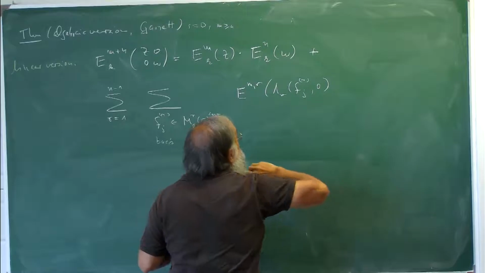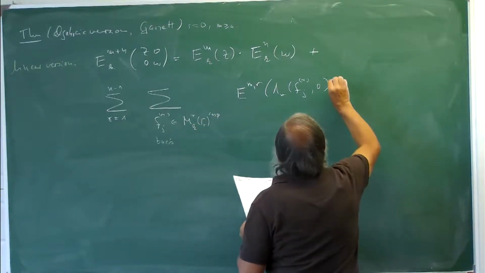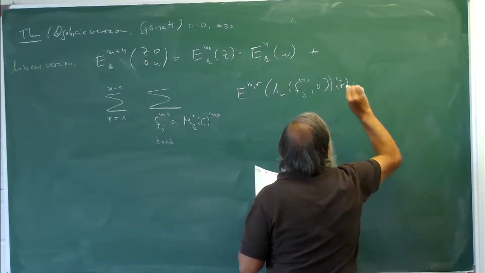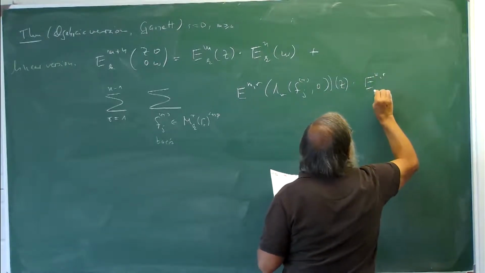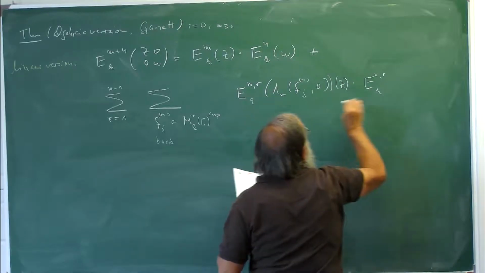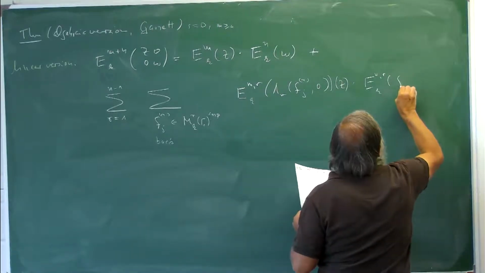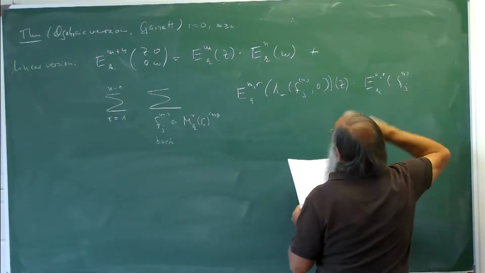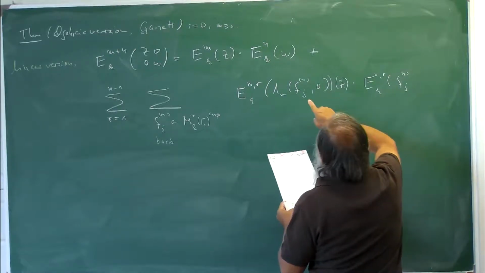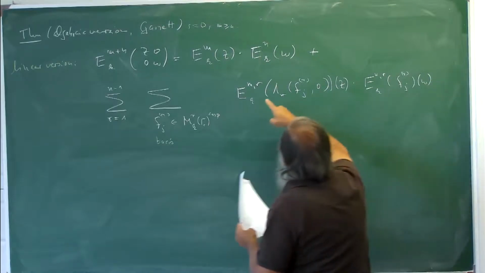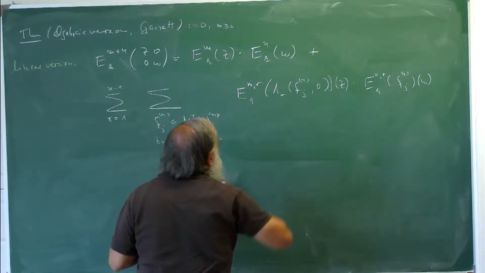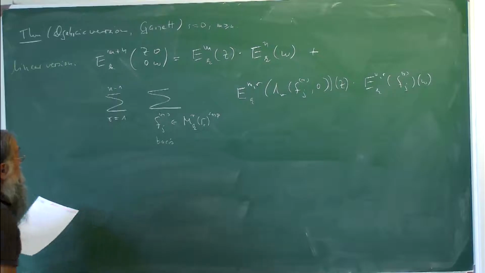This is s equal to 0, of z times E_{n,r,k} of f_{j,r} of w. I will explain these notions in a moment.